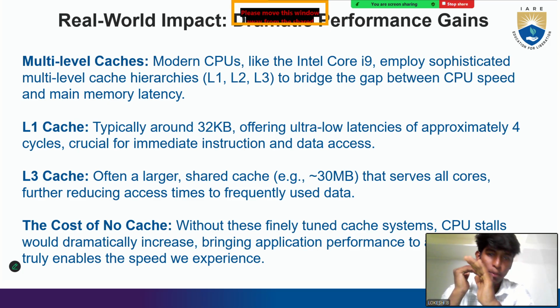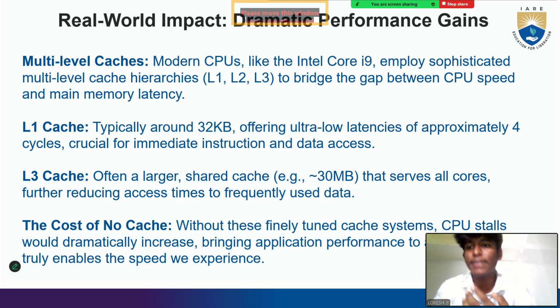L1 cache is typically around 32 KB, offering ultra-low latency of approximately 4 cycles. This is crucial for immediate instruction and data access. L3 cache is often a larger shared cache of more than 30 MB that serves all cores, further reducing access time.